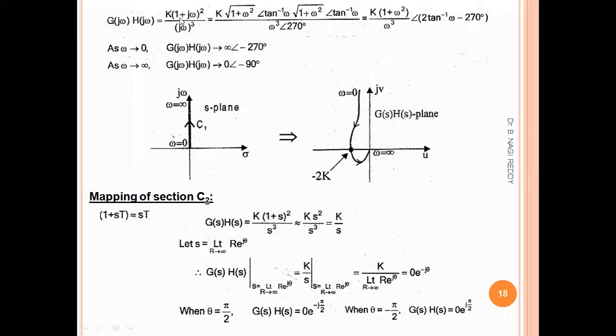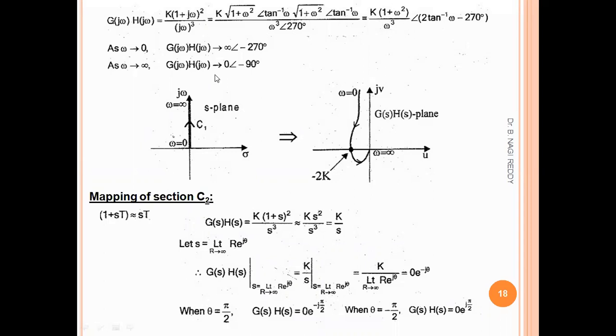From this equation, get the magnitude. Of course, we have done the same thing in the polar plot. In the previous video, I directly drew this curve, but in this video, it is clearly done, the magnitude calculation as well as the angle calculation. You can see this is the magnitude and this is the angle, right?